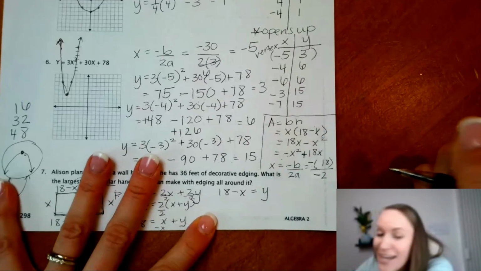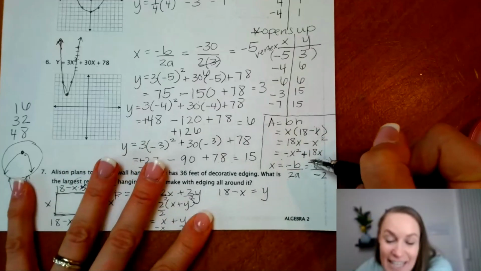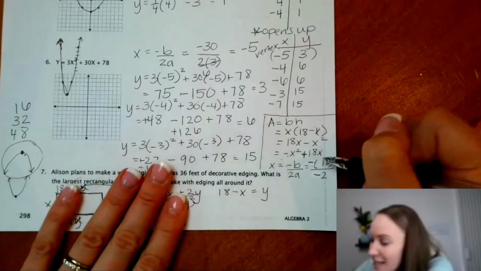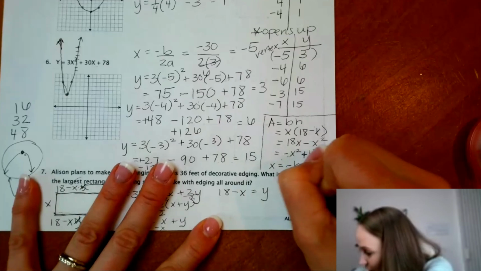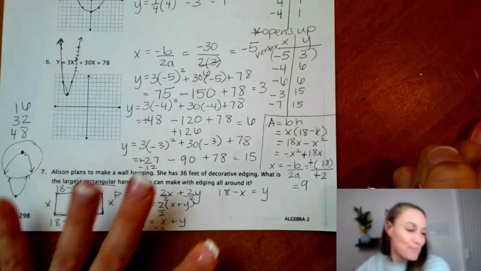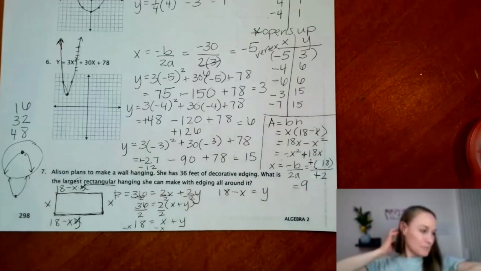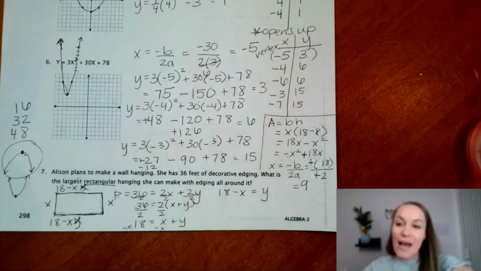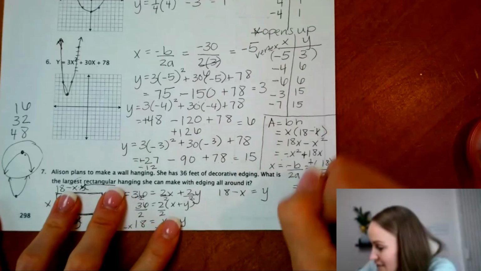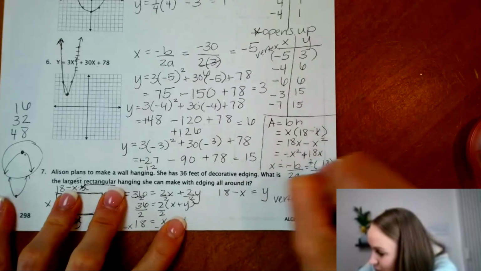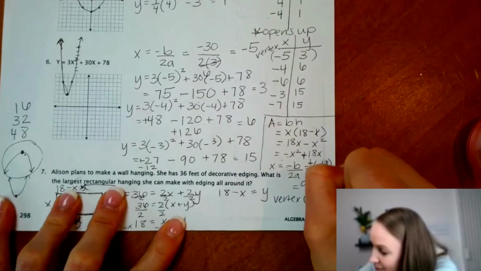Okay, I'm so glad I caught that right there. Negative divided by negative is a positive. 18 divided by 2 is 9. So that means my vertex is going to be 9 comma something.